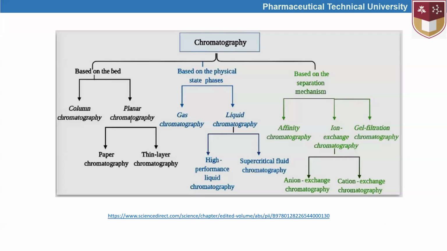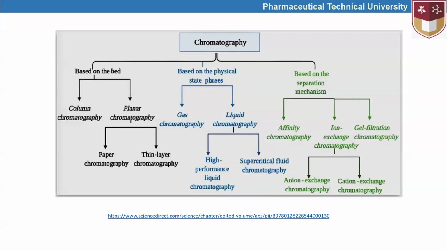In ion exchange chromatography, the power that holds different compounds differently is based on charge interactions, like charge interactions between carboxyl groups and primary or secondary amine groups, or sulfur groups with some, let's say, cations.